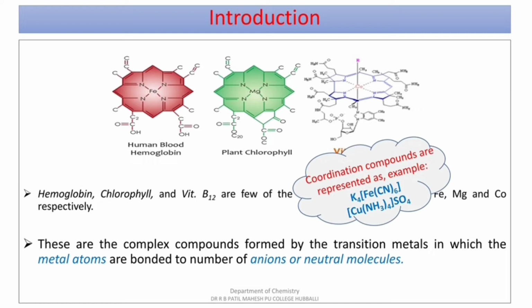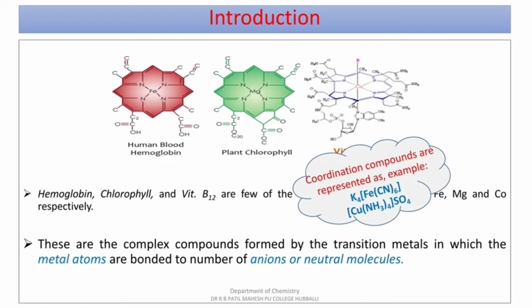There are two different compounds, K4 and SO4, which are outside the bracket. You can observe [Fe(CN)6] is in the square bracket in the first example, and [Cu(NH3)4], which is again in the square bracket in the second example.